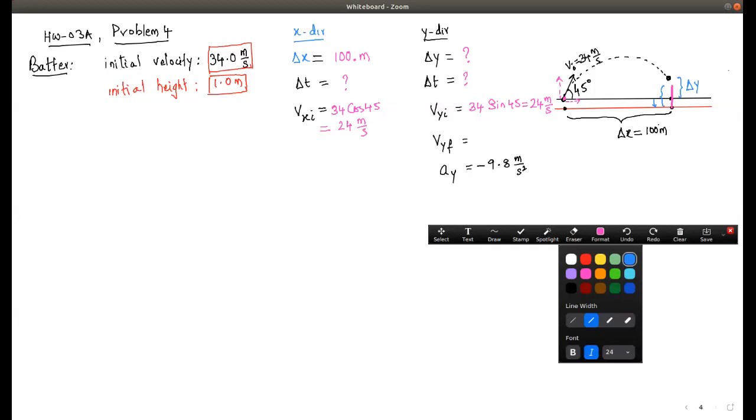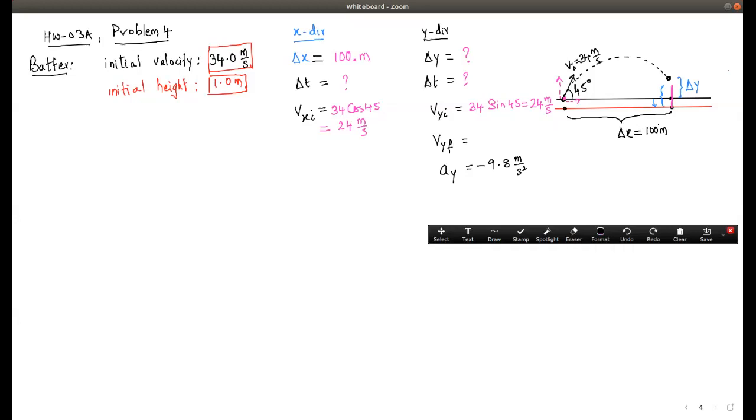So let me change to black. Delta x is equal to Vx initial times delta t. That's 100 meters. Vx initial is 24 meters per second times delta t. That gives me delta t to be 100 divided by 24.